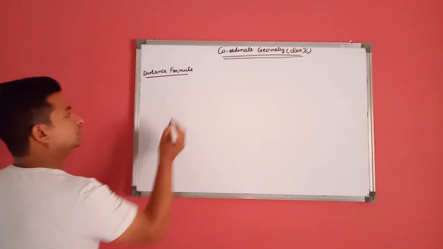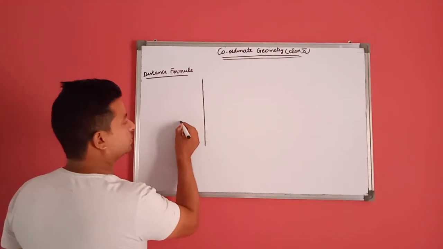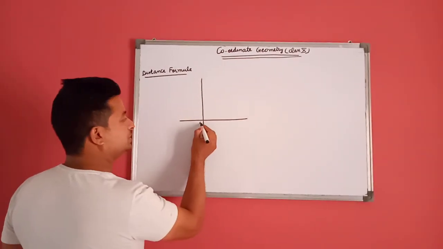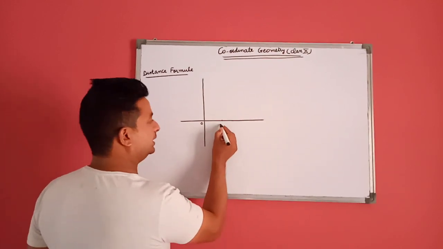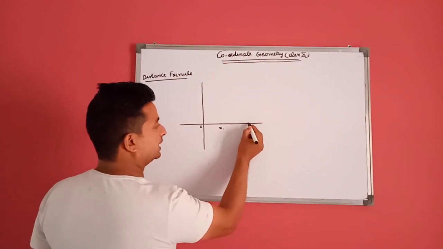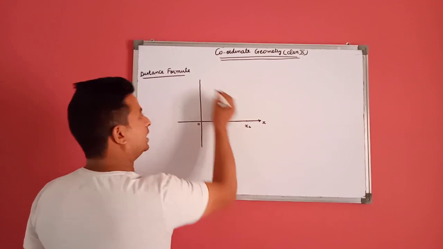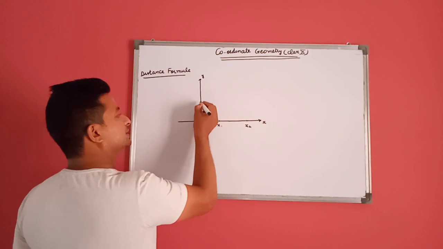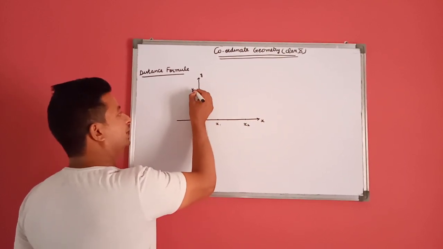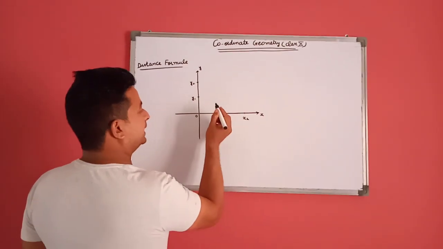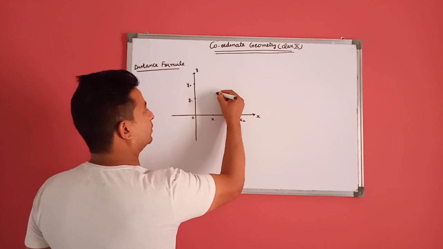For this, consider two perpendicular axes as on the graph. This is the origin. Let us take 2 points. First one is x1, second is x2 along the x-axis, and along the y-axis we take y1 and y2. Let us suppose this distance is what we require.